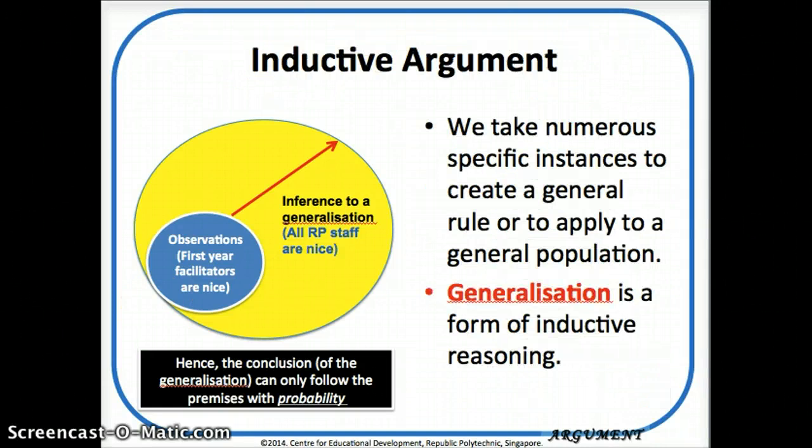Hence, for inductive argument, we take numerous specific instances to create a general rule or to apply to a general population. Because this approach relies on the accumulation of more and more observations, the conclusion can only follow the premises with probability.